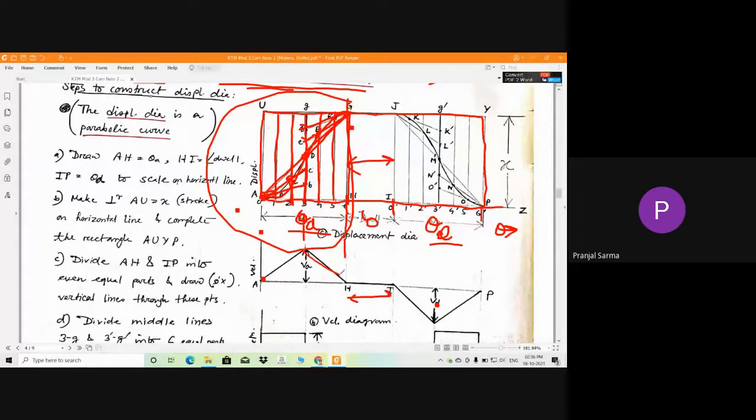After that, it is going down. After going down, there will not be any movement of that particular follower, but it will remain here. And after that, once again, the same thing happens, but in the opposite direction.